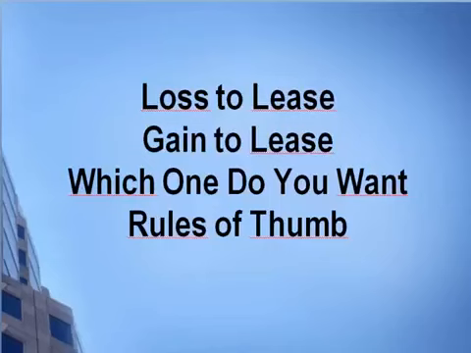That means we are losing $100 per month on each one of these units. That missing $100 needs to be accounted for somewhere. And where we account for it is in the loss to lease category.